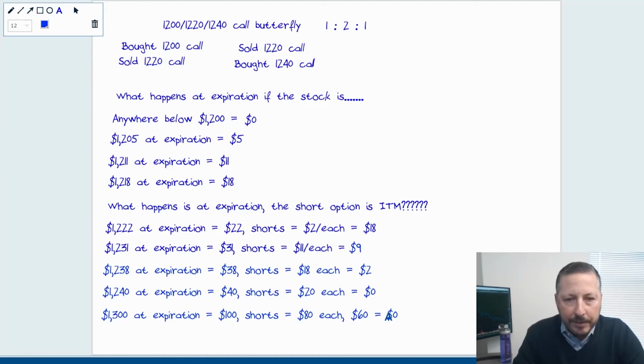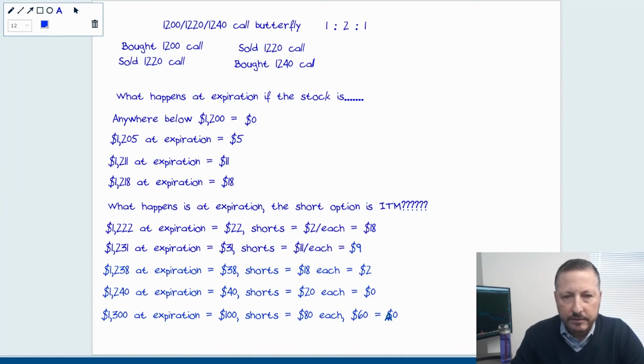So butterfly positions can be very speculative, because hitting the nail on the head, hitting the bullseye, typically doesn't happen. But the reward to risk is phenomenal. That's why butterflies are very, very inexpensive ways to play a directional position.